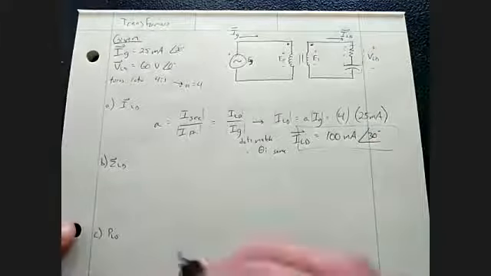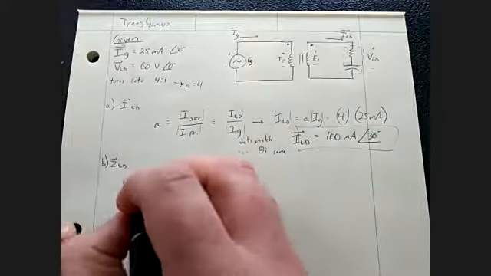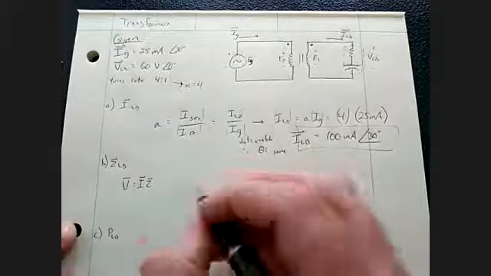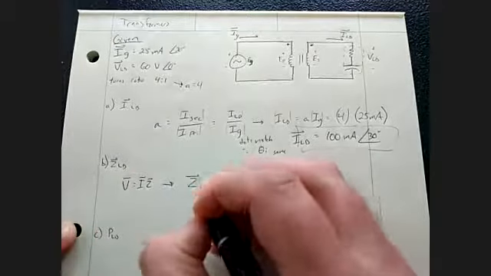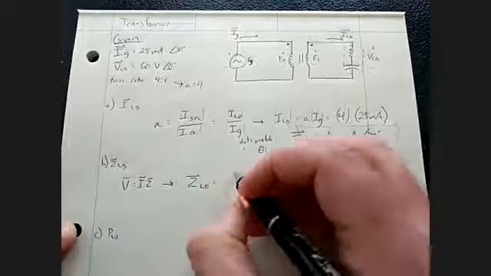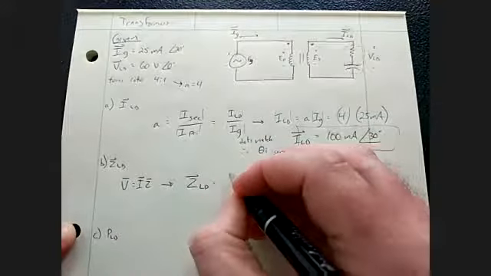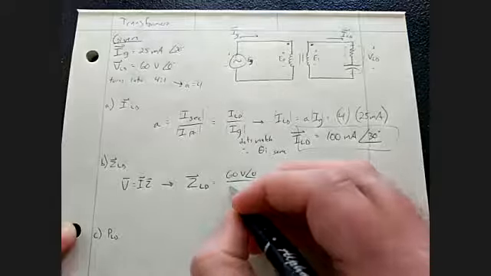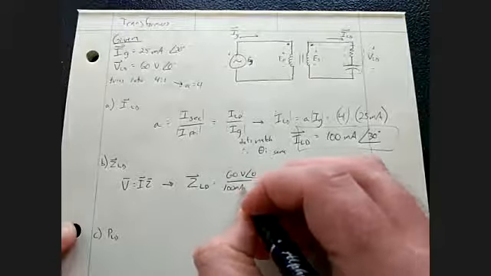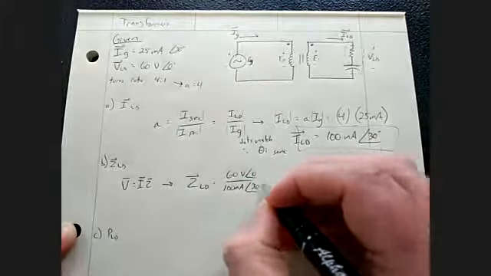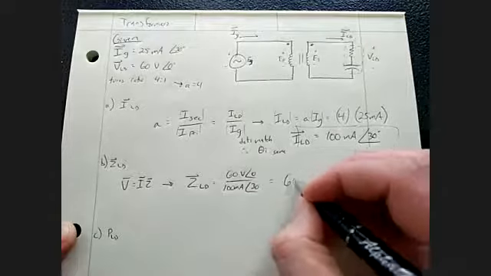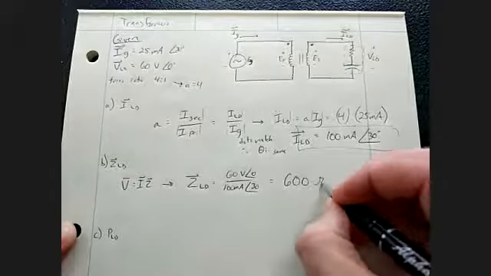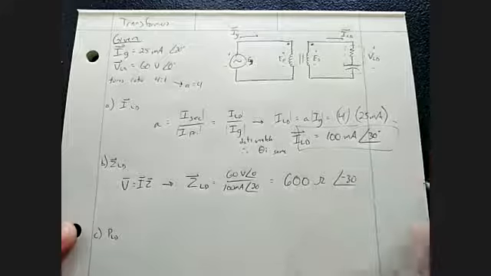There's I load. For Z load, we just take our favorite law, Ohm's law, and rearrange for Z of the load. V of the load was 60 volts, angle 0. The I of the load was 100 milliamps, angle 30. And what we get is 600 ohms, angle negative 30.